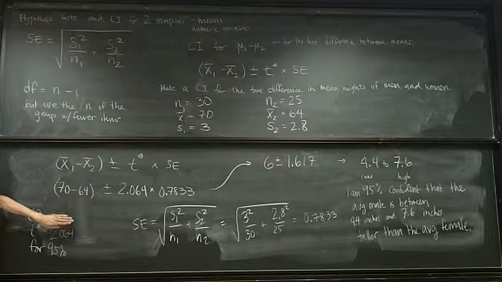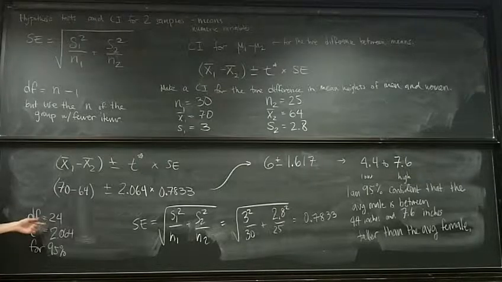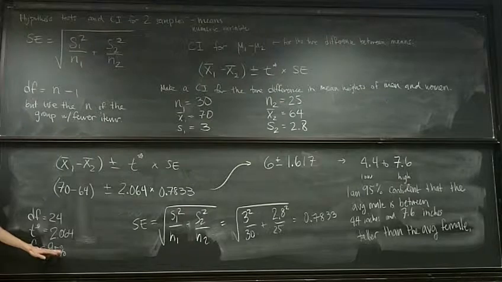It's n minus 1, but use the n of the group with fewer people or items. So which group is that? 25. 25 minus 1 is 24. Then I will give you the percentage.